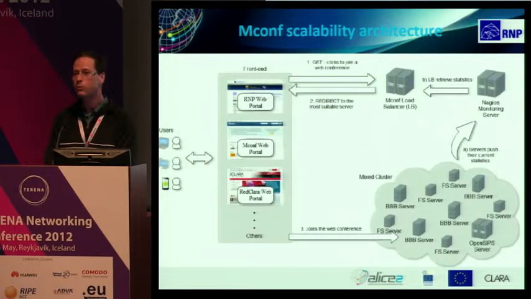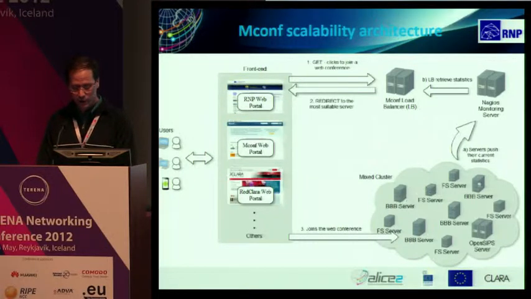So to talk about the solution for these two problems, I will show the mconf architecture, which is composed of lots of servers. These are big blue button servers with our modifications to cope with scalability.